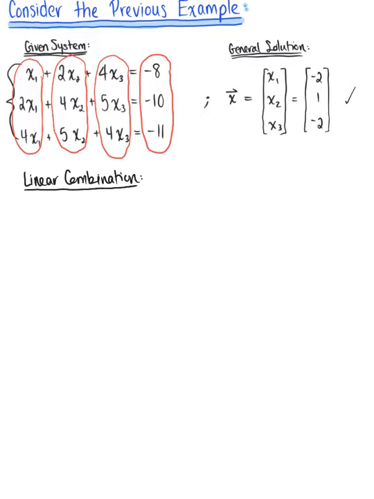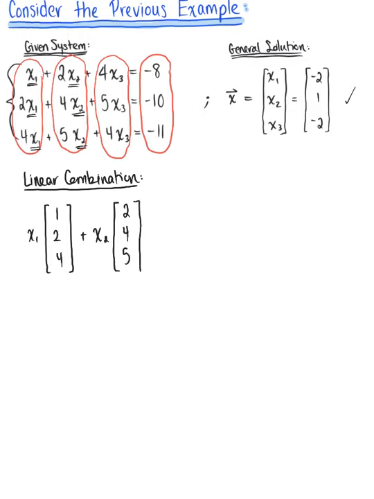For your first column vector, I'm going to pull that x sub 1 out, because I have that scalar multiple of x sub 1 here. So this becomes x sub 1 multiplied by the vector 1, 2, 4, plus, moving on to the second column, x sub 2 multiplied by the vector of coefficients 2, 4, 5.